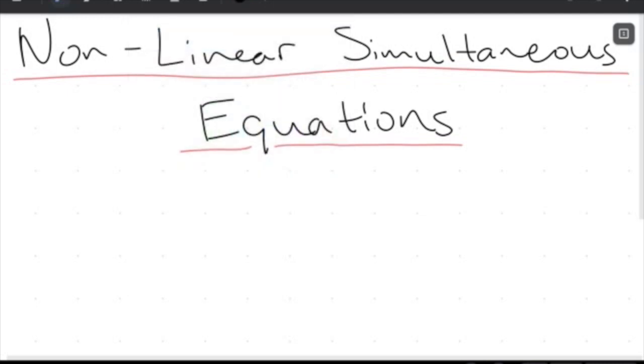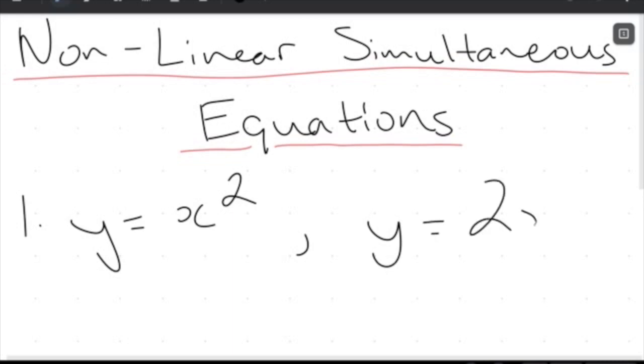We want to find solutions to simultaneous equations with all sorts of parabolas, all sorts of different lines. So we're just going to jump straight into some questions, because I gave a good background into this last time in the last video. So let's solve this pair of simultaneous equations.